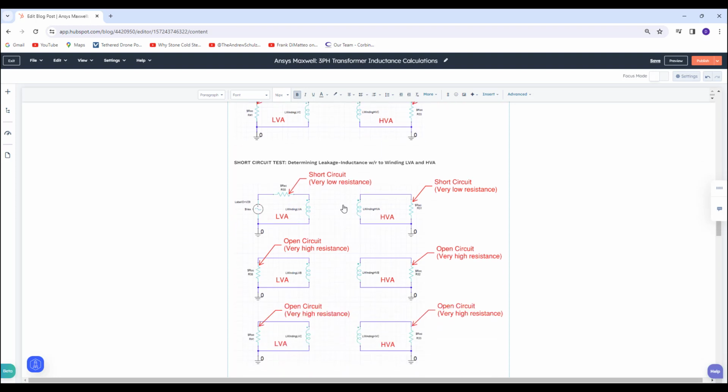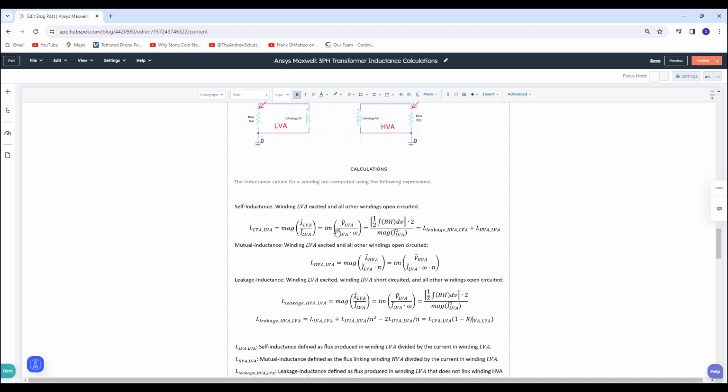Then for the short circuit test, it's basically the same circuit, except I want to determine the leakage inductance of high voltage phase A. So I only short the high voltage phase A winding, while all other windings are open circuit, where the open circuits are represented by very high resistance, and the short circuit is represented by very low resistance.